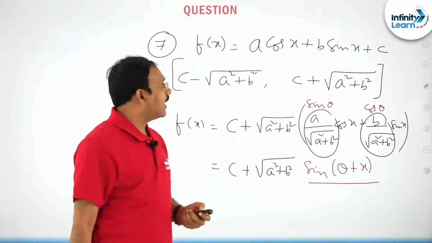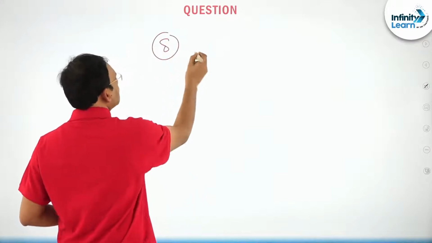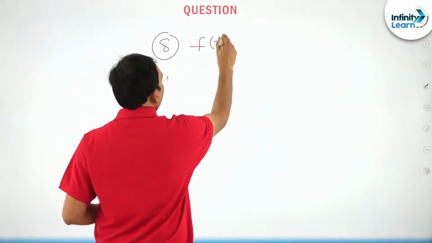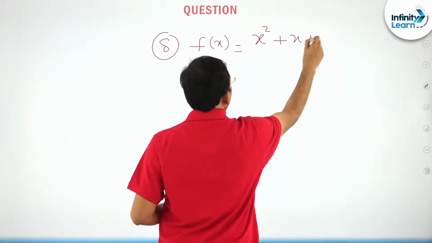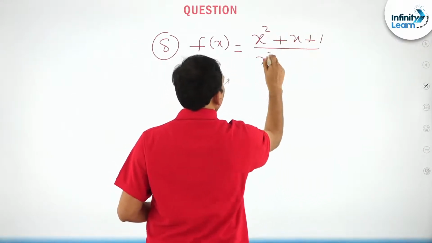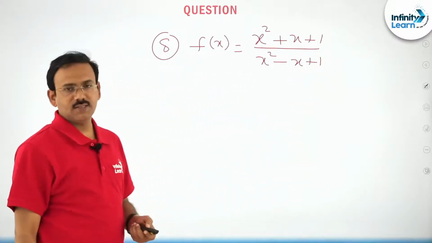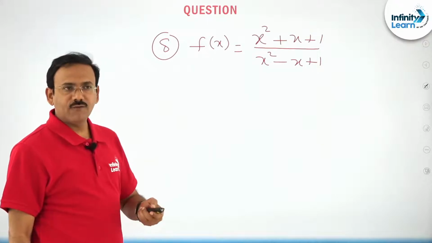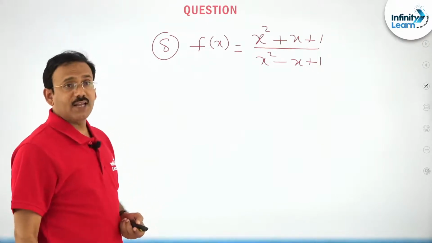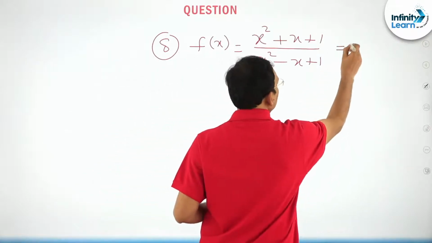Okay. And apart from this, friends, consider the function f of x is x square plus x plus 1 by x square minus x plus 1. What could be the range of such expressions? Of course, friends, we find the range of such expressions by taking it equal to y.